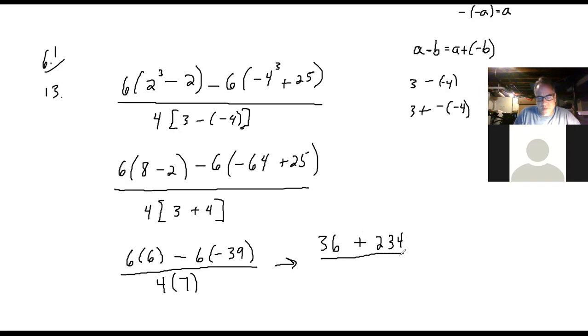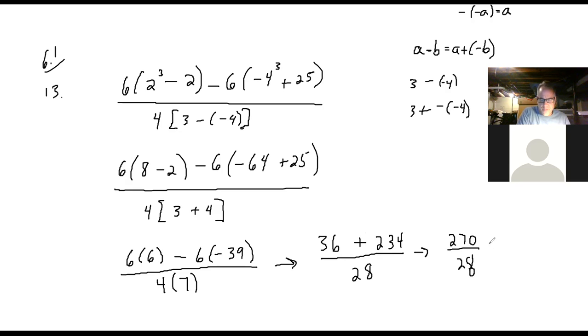On the bottom, I've got 4 times 7. That's what? 28. And all right, so then I can add these two together. That's going to give me what, 270 over 28. And then the only question is, will that reduce?